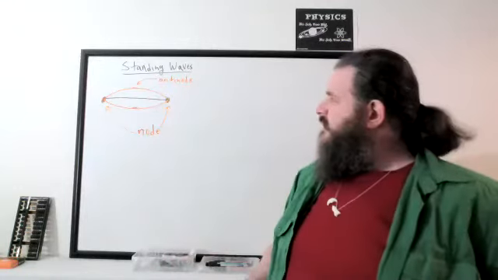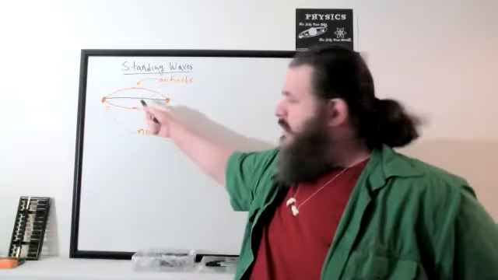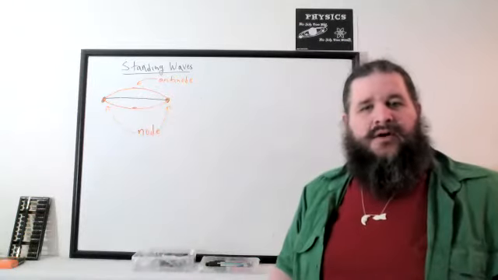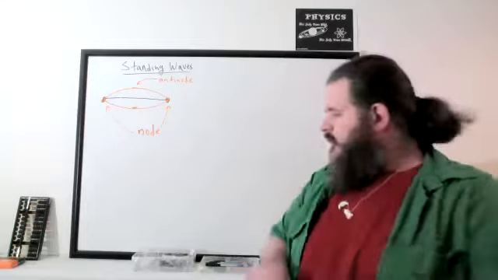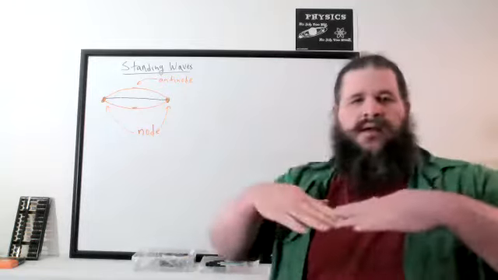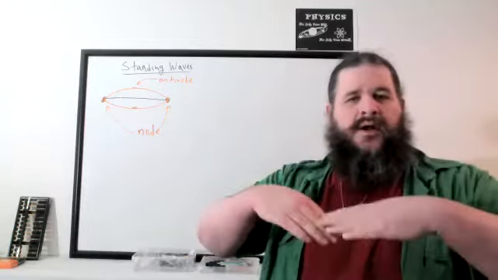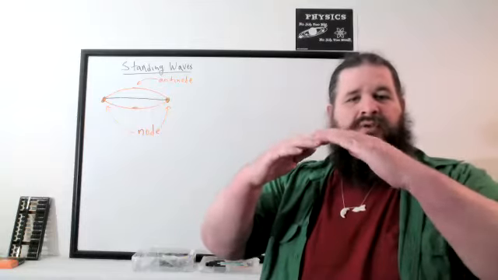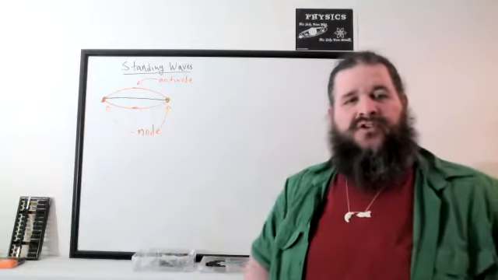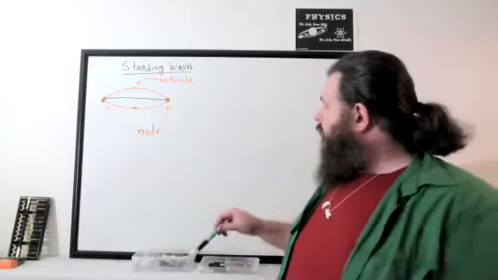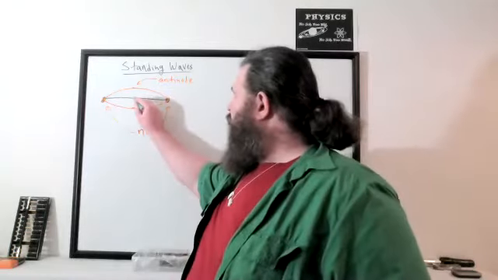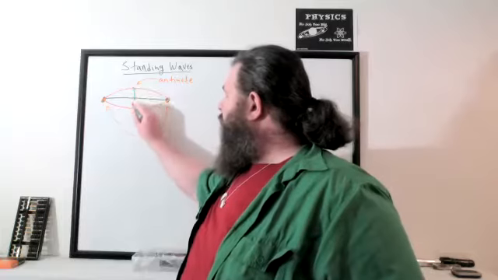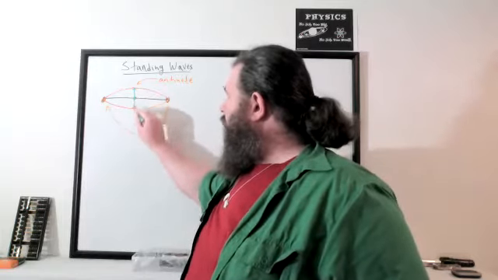What this is supposed to represent is that the top and bottom curves represent the highest and lowest the string can go. So the string is oscillating high and low and high and low. The top curve represents the highest the whole string goes. The bottom curve represents the lowest the whole string goes. So for instance, this point is oscillating as high as this far up and as low as this far down.